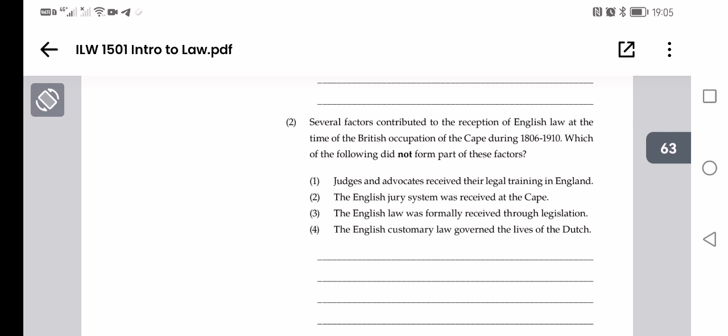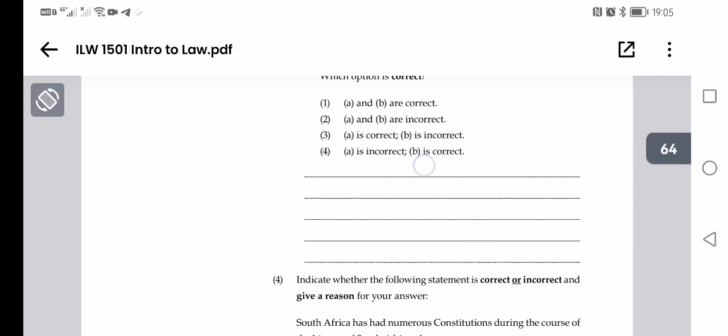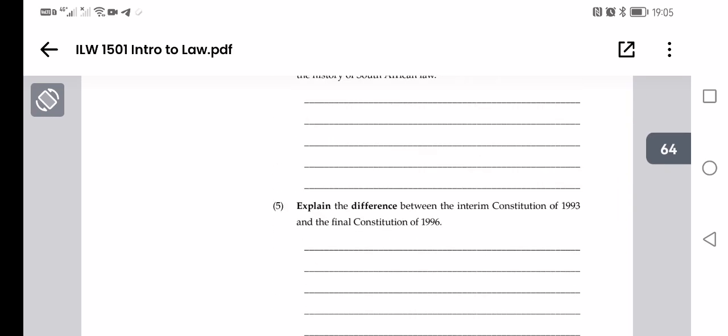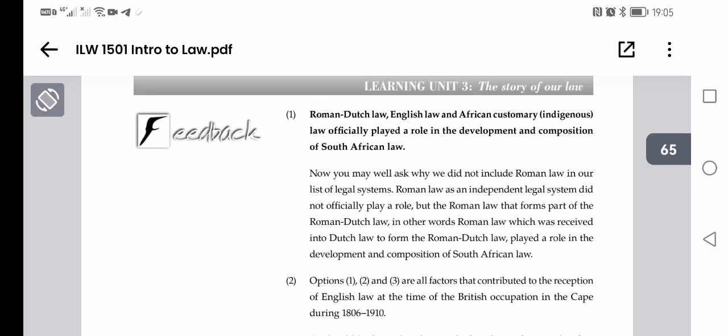Number 1, Roman Dutch law, English law, and African customary indigenous law officially played a role in the development and composition of South African law. Now you may well ask, why did we not include Roman law in our list of legal systems?